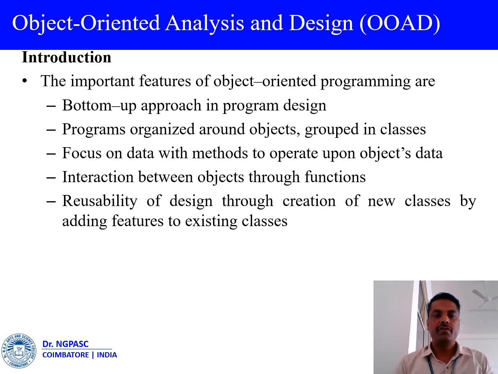The important features of object-oriented programming are: a bottom-up approach in program design, programs organized around objects grouped in classes, a focus on data with methods to operate upon the objects' data, and interaction between the objects through functions.